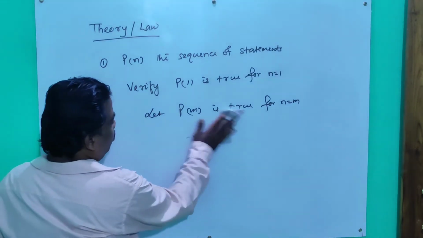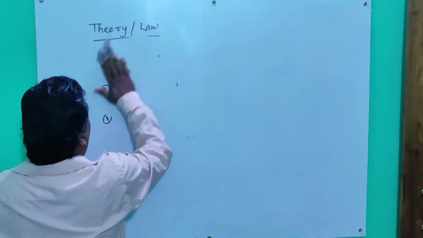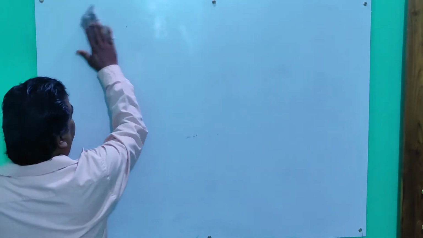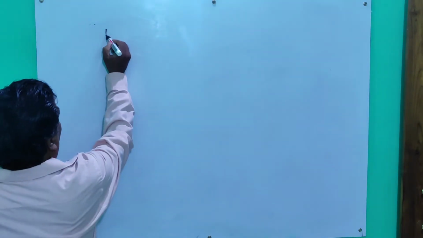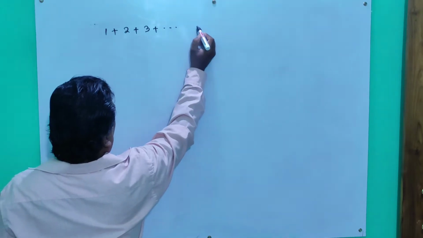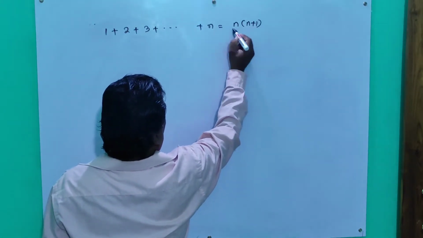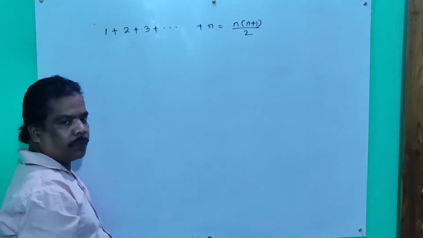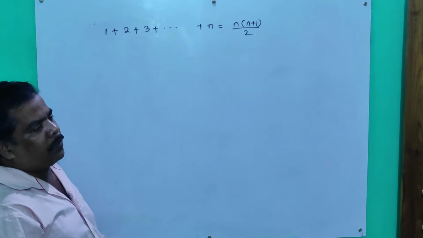Let us take an example. Suppose a question is asked like this: prove by method of induction 1 plus 2 plus 3 plus ... plus n is equal to n whole into n plus 1 by 2. Now we prove this by method of induction.